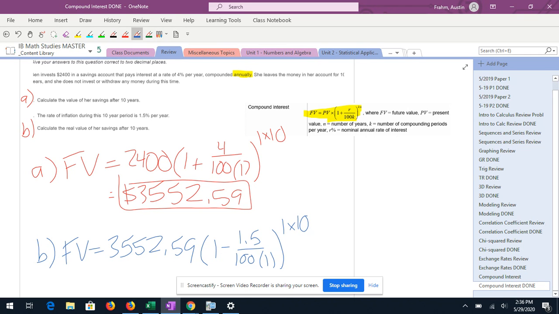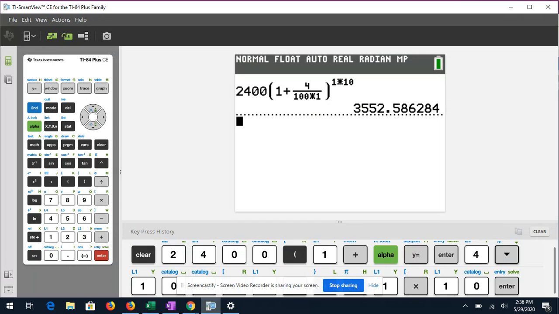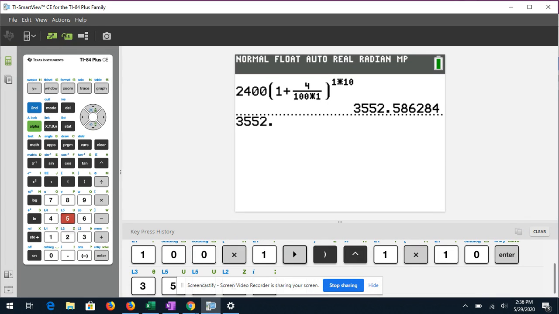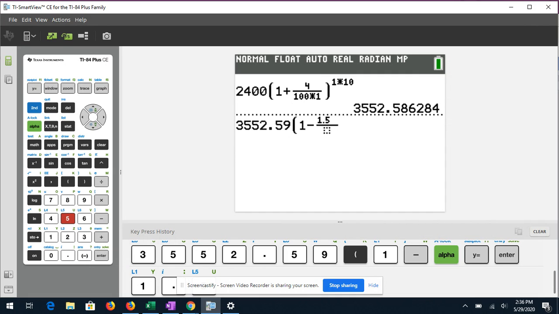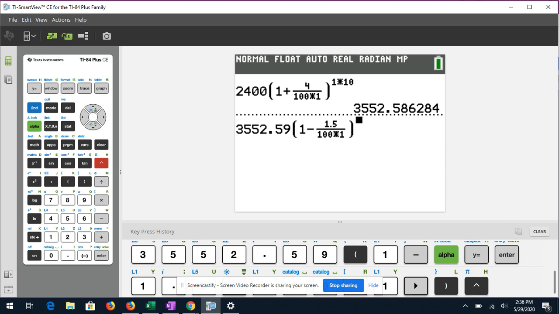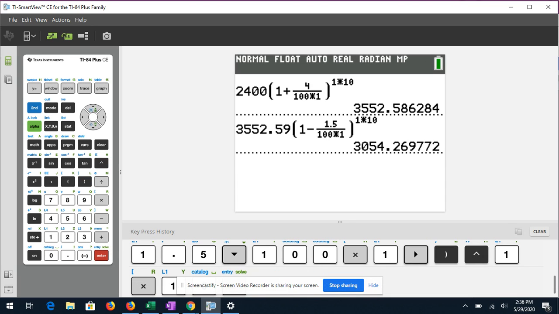All right, and we'll type this into the calculator. So this gives you the real value of her money after 10 years with the inflation included, and we're going to round it to 2 decimals again. So it's $3,054.27.